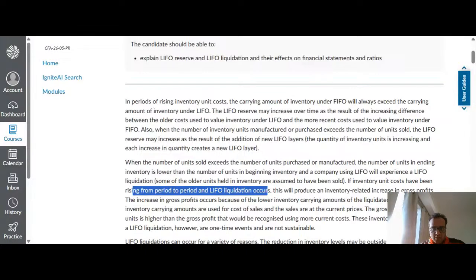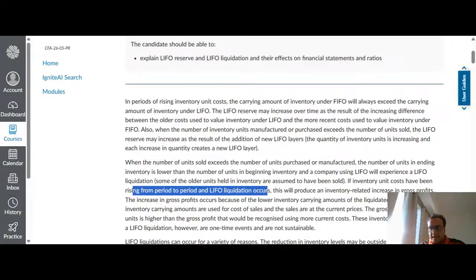The increase in gross profits occurs because of the lower inventory carrying amount of liquidated units. Okay, if it was 100 and the new cost is 150, it means that I have sold goods of 150 plus the goods of 100 also.